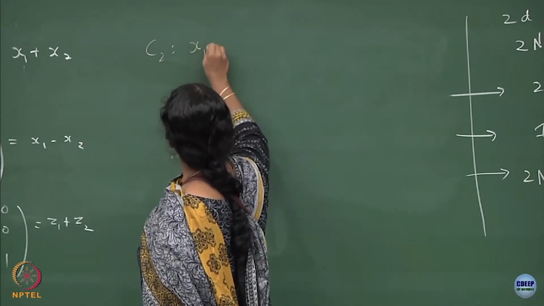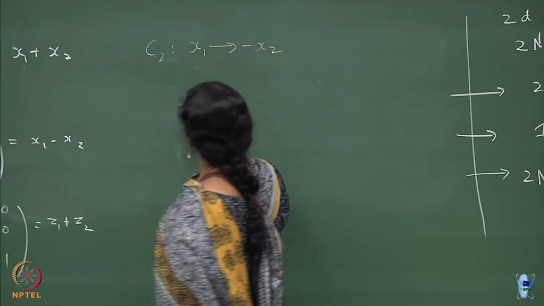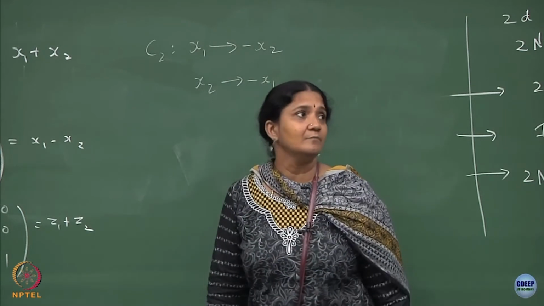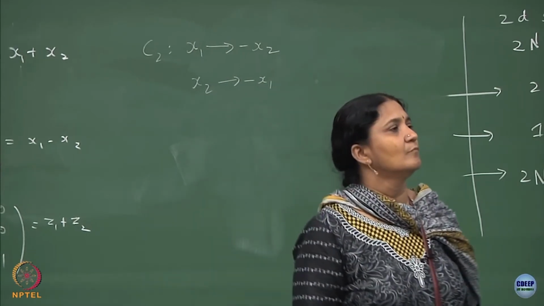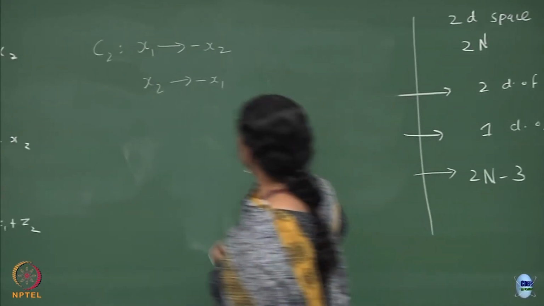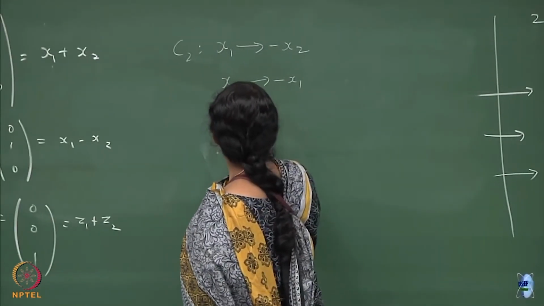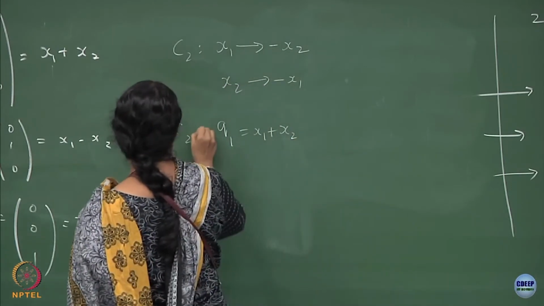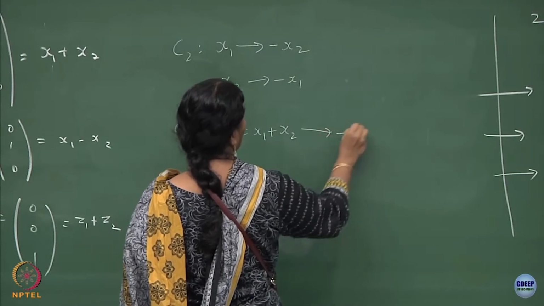C2 takes x1 to minus x2, x2 to minus x1, in the directions which I have taken. So, what will happen to Q1, which is x1 plus x2, under the C2 operation? Q1 will go to minus Q1.